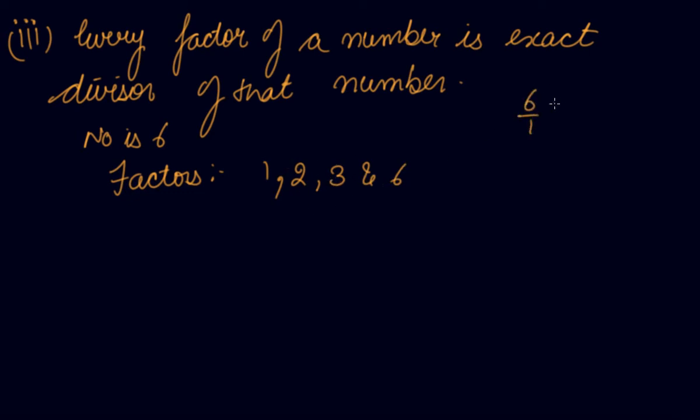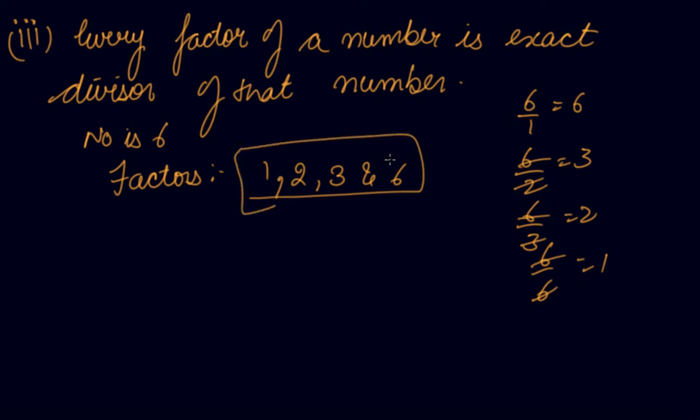So 6 divided by 1, we get 6. 6 divided by 2, we get 3. 6 divided by 3, we get 2. And 6 divided by 6, we get 1. So these are the factors. Every factor of a number is an exact divisor of that number. It's dividing 6 exactly.